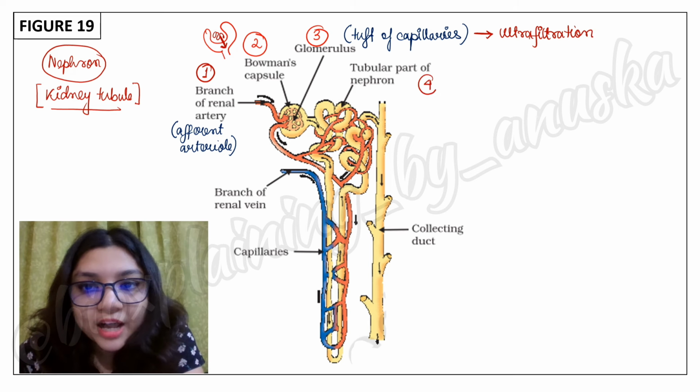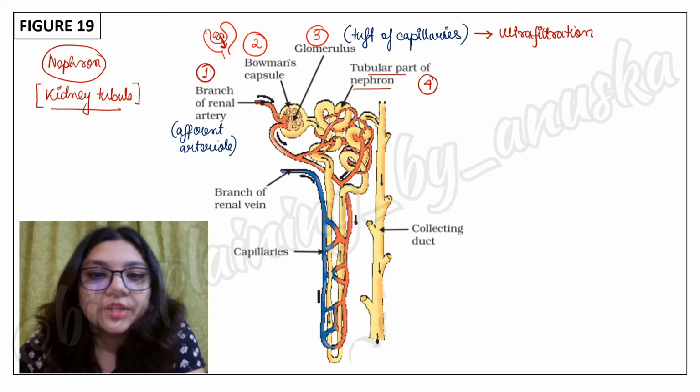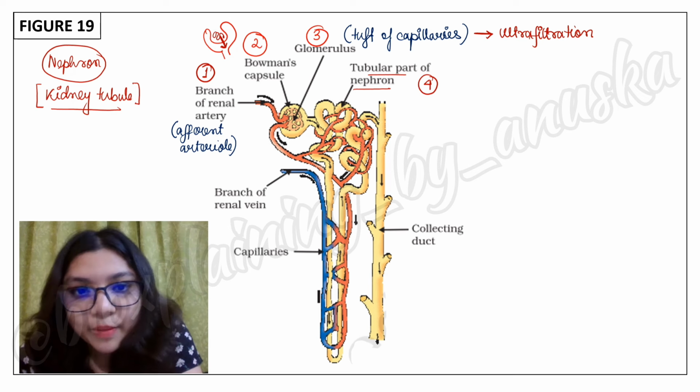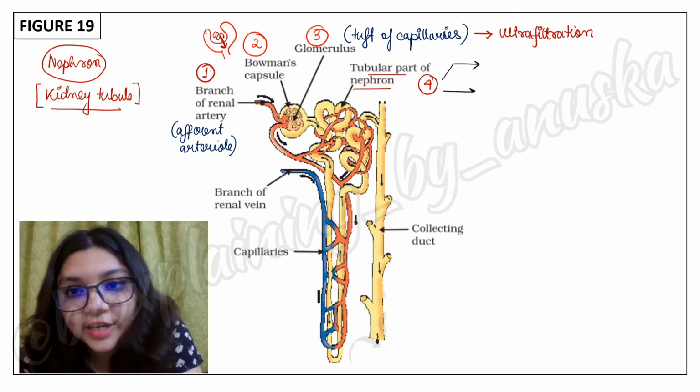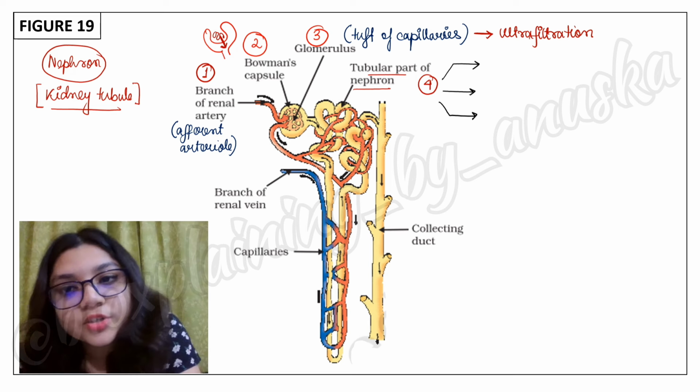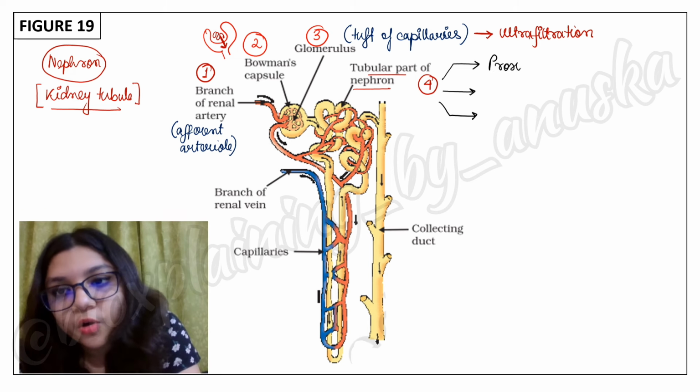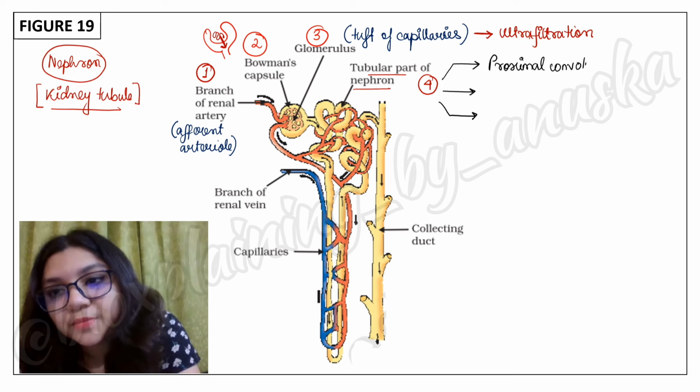The fourth part that you have is the tubular part of the nephron. This tubular part of the nephron is further divided into 3 regions. What are the 3 regions? The first region is the proximal convoluted tubule, abbreviated as PCT.